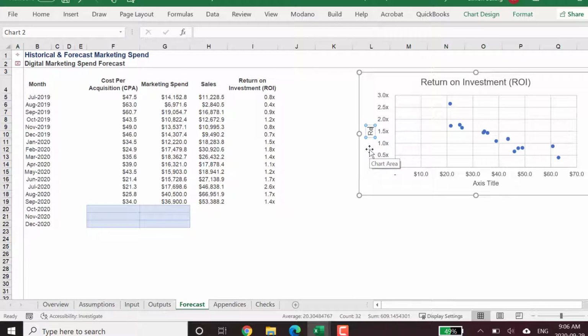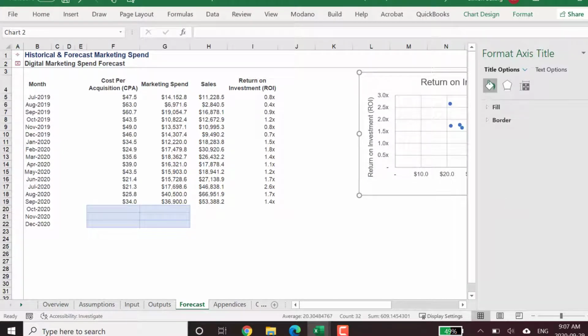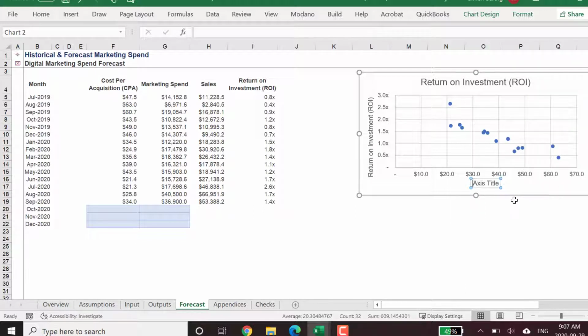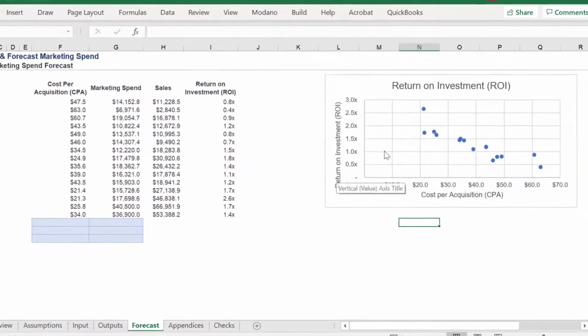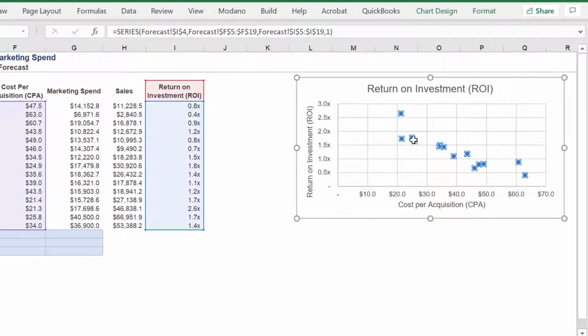Let's format our scatter plot chart. We can now add a trend line to our scatter plot.